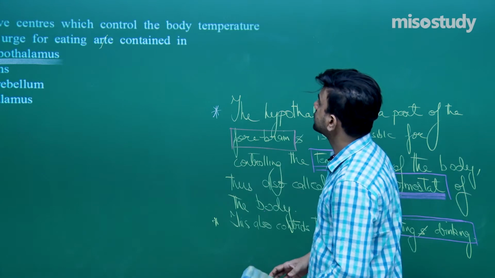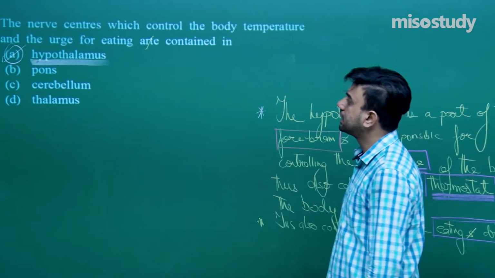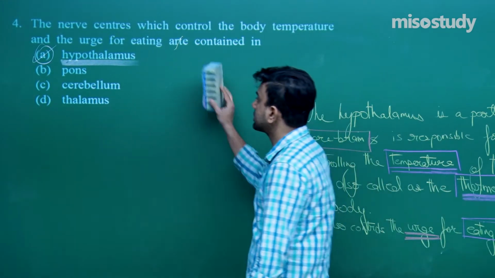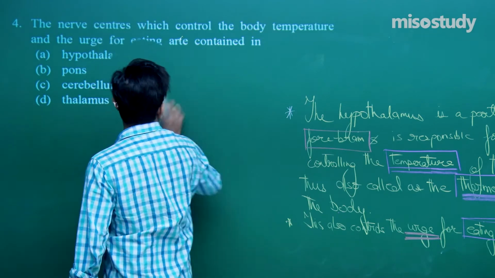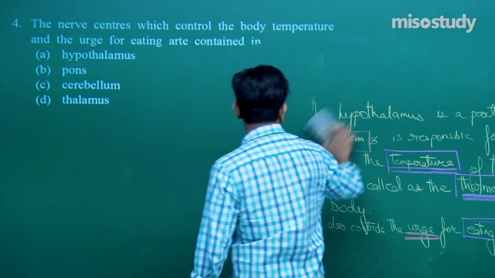So the nerve centers which control the body temperature and the urge for eating are contained in the hypothalamus.